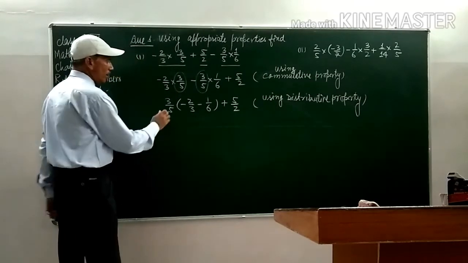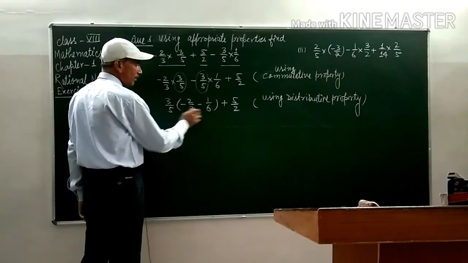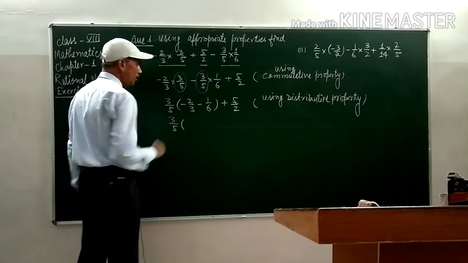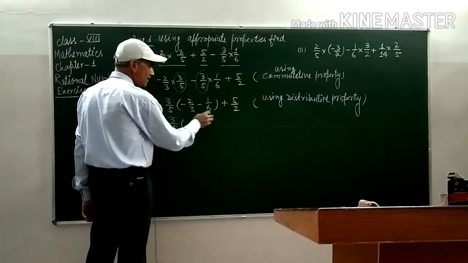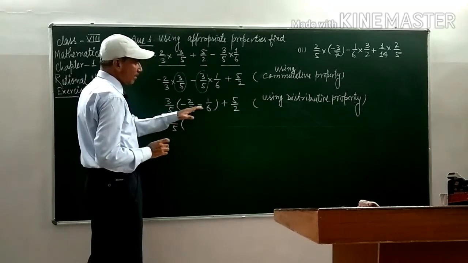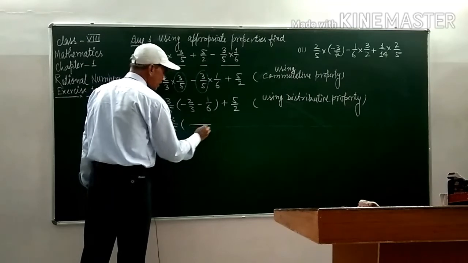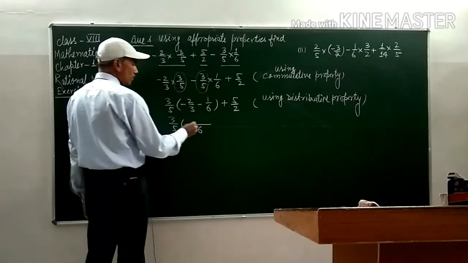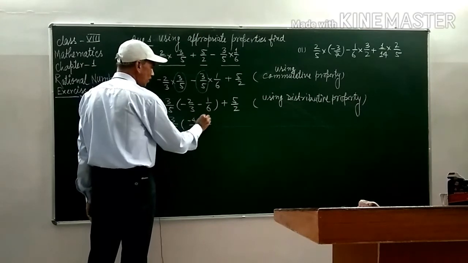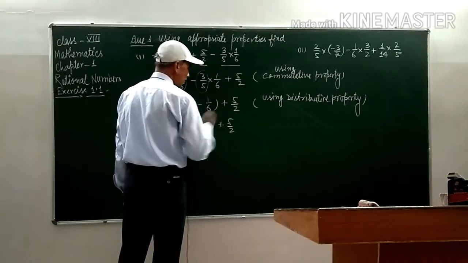Now students, here is the common factor, so first of all we have to solve the numbers in the bracket. 3 by 5 into, what will be the LCM of 3 and 6? The greater number will be the LCM, because the greater number is a multiple of the smaller number. So 6 is the LCM here. 3 times 2 is 6, so 2 times 2 is 4, minus 4 minus 1, plus 5 by 2.